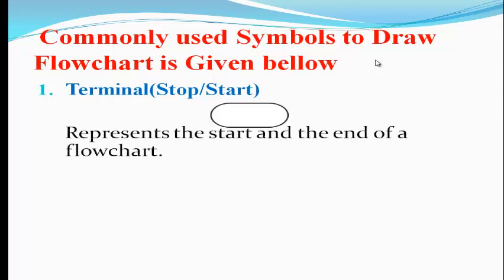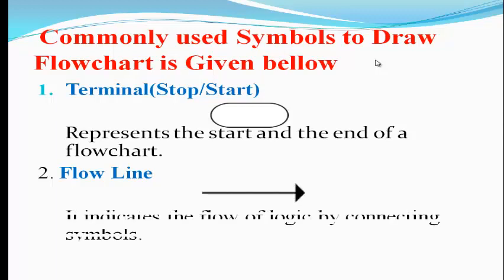Next, second one, flow line. The flow line symbol is what we know as an arrow. It shows the relationship between different shapes.